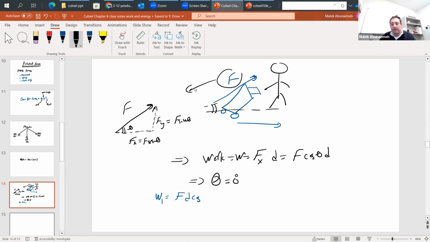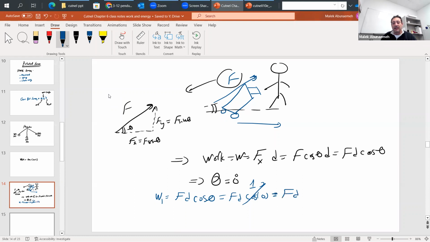Let me rewrite this as FD cosine theta, just easier to write. That is FD cosine 0, and cosine 0 equals 1. So it's going to be equal to force times your distance. That's why if your angle is 0, your work is going to equal force times your distance.